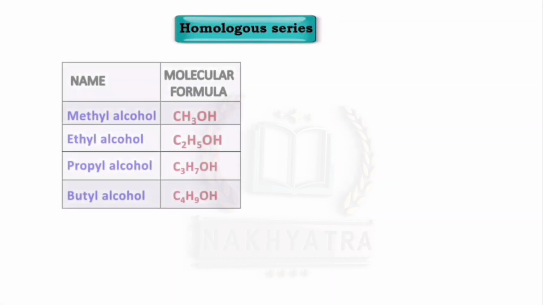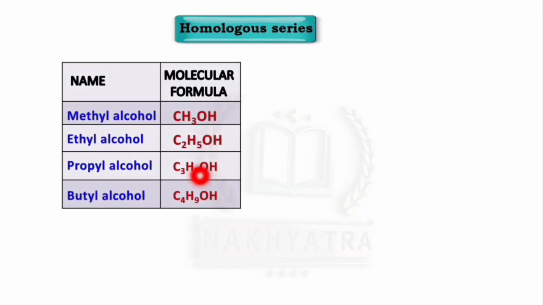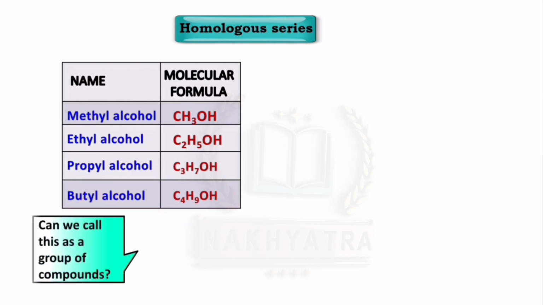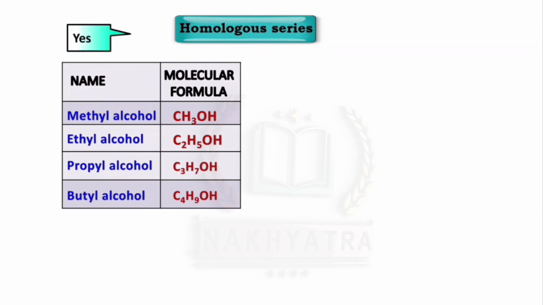Now see the homologous series. Here the names of the compounds are given, and on this side the molecular formulas. First is methyl alcohol CH3OH, then ethyl alcohol C2H5OH, then propyl alcohol C3H7OH, and lastly butyl alcohol C4H9OH. Now can we call this a group of compounds? Yes, we can.